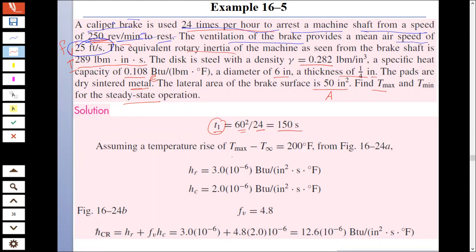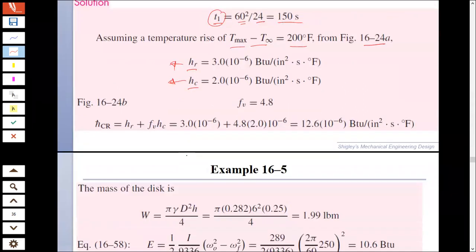Assuming that the temperature rise T max minus T ambient is equal to 200, we are assuming this from figure 16-24. We can go ahead and find our HR and HC, which are the radiation heat transfer coefficient and the convective heat transfer coefficient.